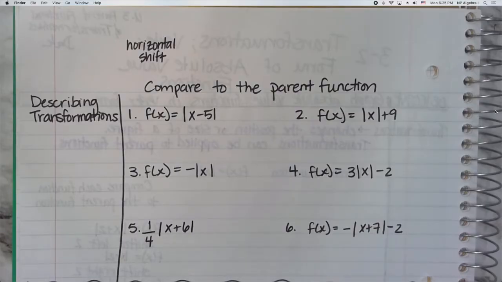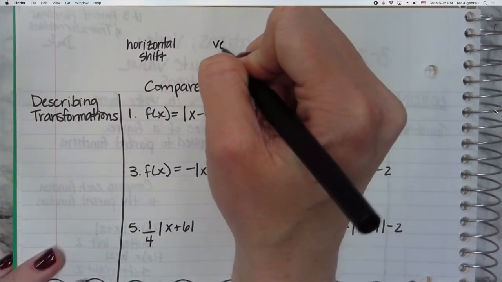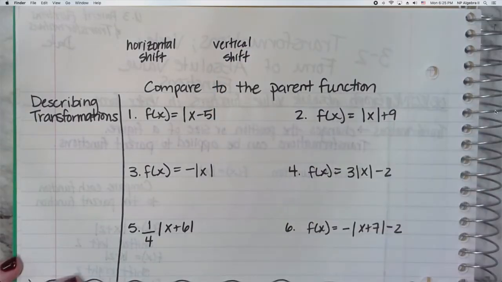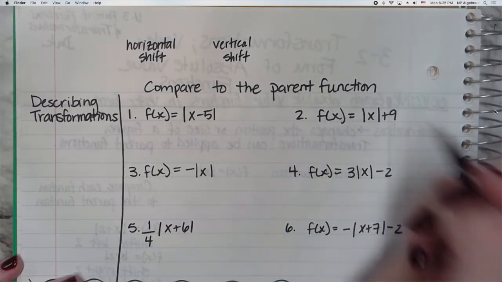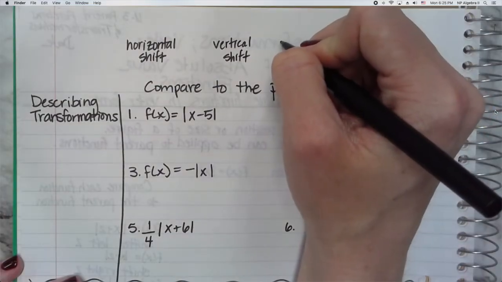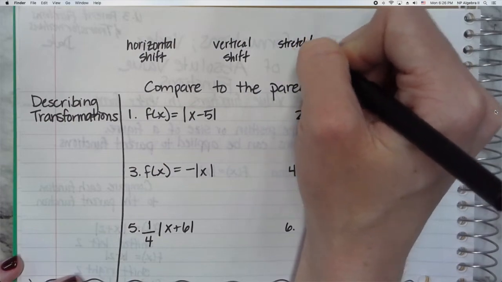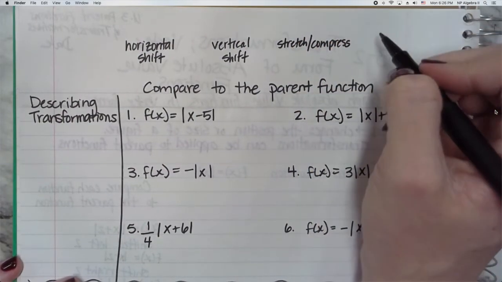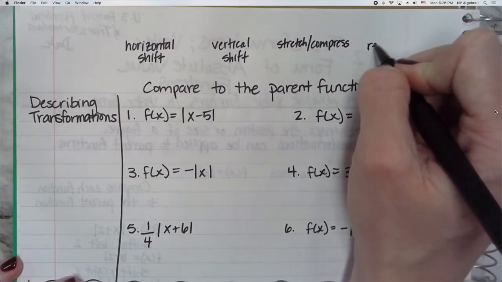And I'm going to do the vertical shift in blue, just to help me see it. I will use green for dilation, so stretch, compress. And I will use orange for reflection.